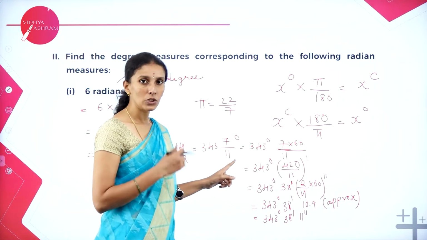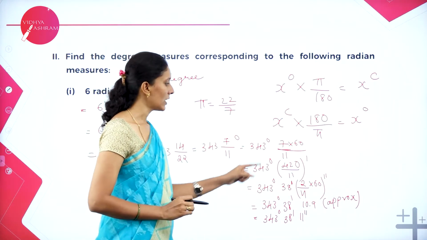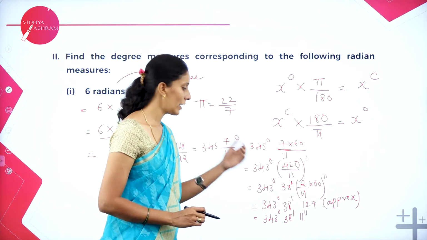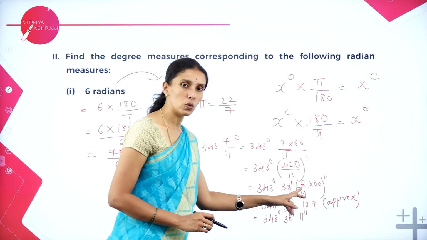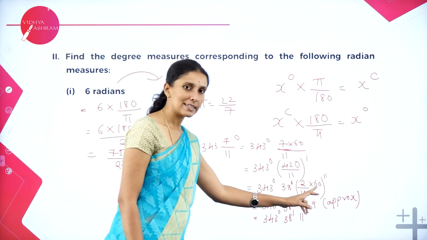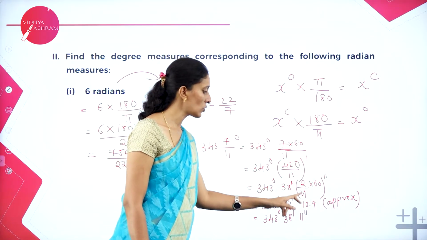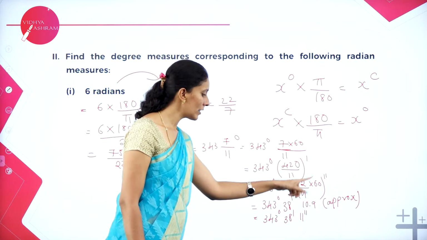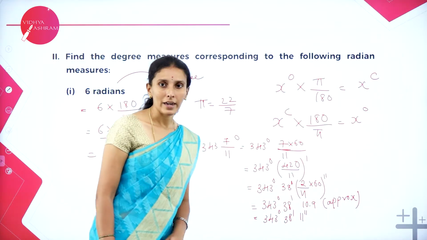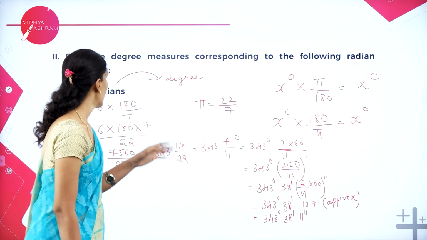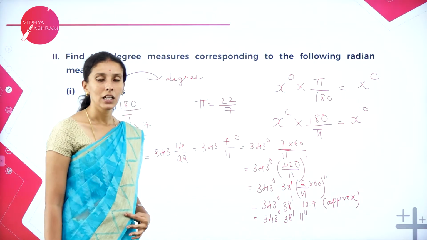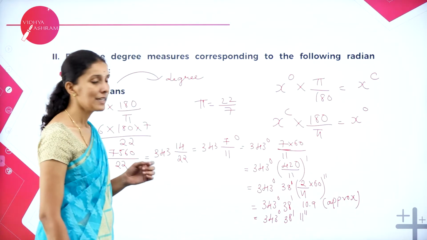Convert 7 by 11 into minutes by multiplying by 60. So you will get 420 by 11 minutes. Again, you will get a mixed fraction, 38 and 2 by 11. But the 38 minutes you can separate. Multiply by 60 to convert it into seconds. So it is 2 by 11 into 60. When you divide this, you will get a decimal, approximately 10.9. So you can write it as 11 seconds. So 6 radians in terms of degree is nothing but 343 degree, 38 minutes, 11 seconds.